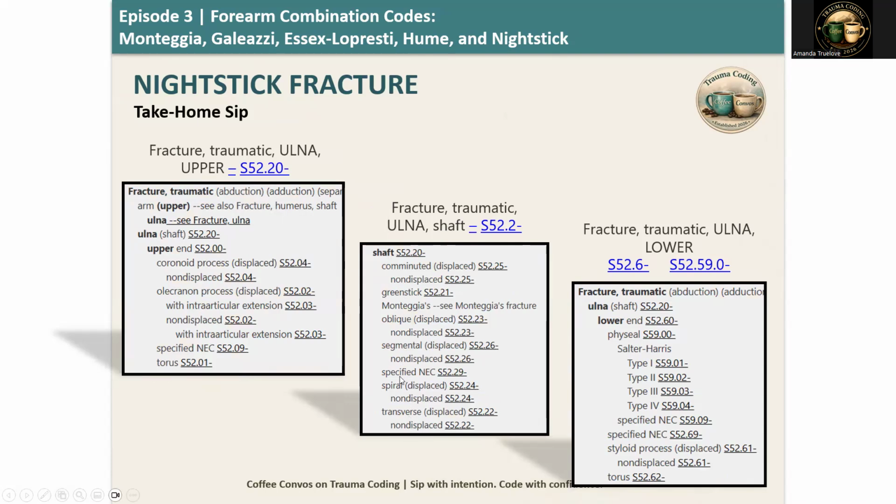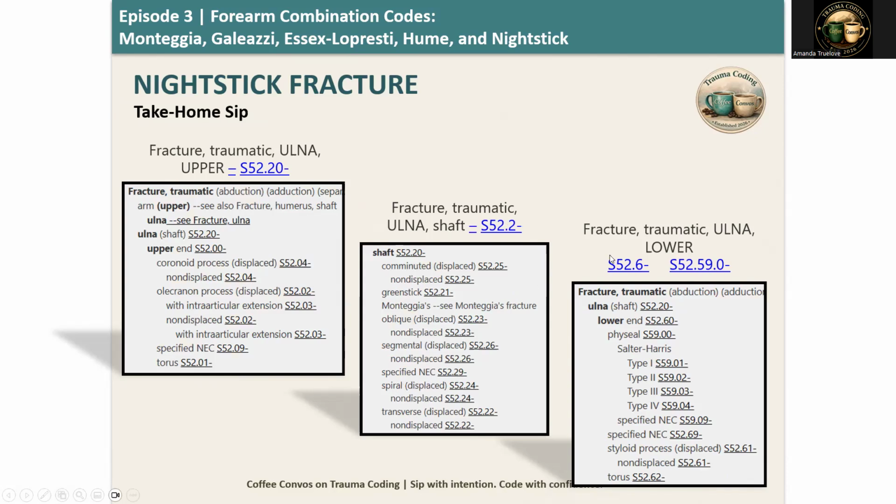This is like you would do most of your fractures with an eponym. So if they are described and documented as an eponym type fracture like nightstick, it's going to go into that specified, not elsewhere classified, unless you have additional details of what that fracture pattern would be.